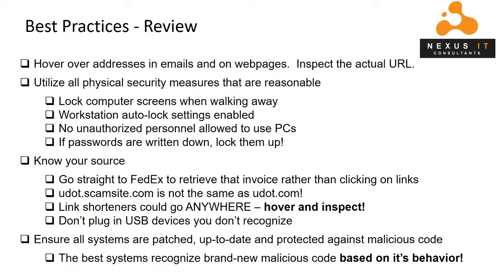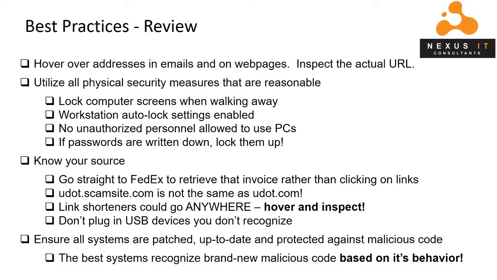Item 3, know your source. Go straight to FedEx to retrieve that invoice instead of opening that email attachment or clicking that link. Remember, u.scamsite.com is not the same as u.com. Also, link shorteners could go anywhere. Hover and inspect.